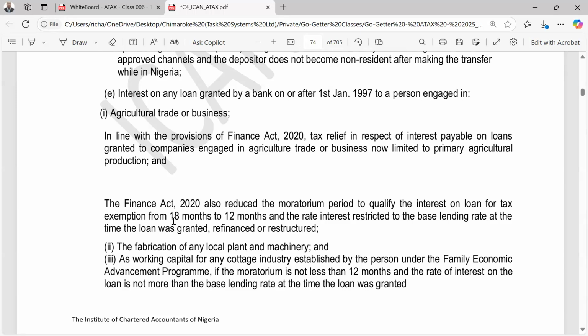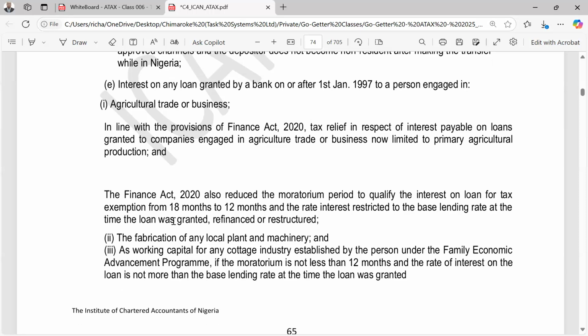When they say interest on agricultural trade or business, from Finance Act 2020 it is now specified, now adjusted to primary agricultural production. That's what it's saying here.